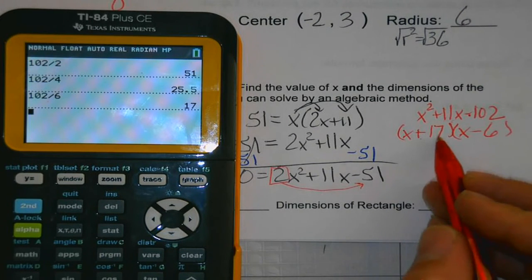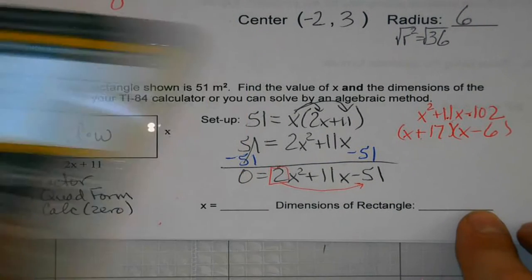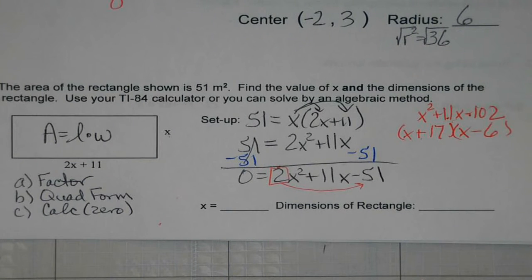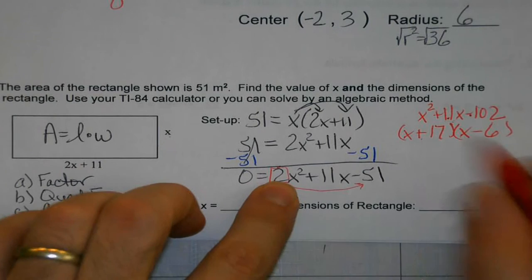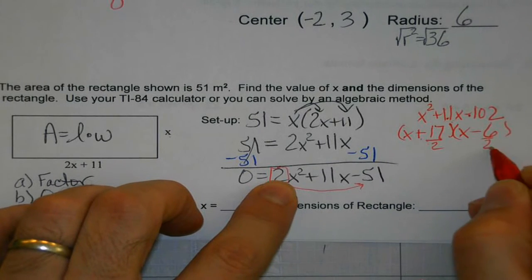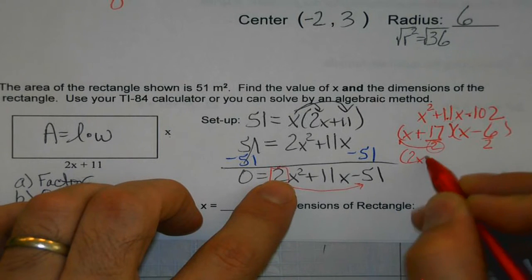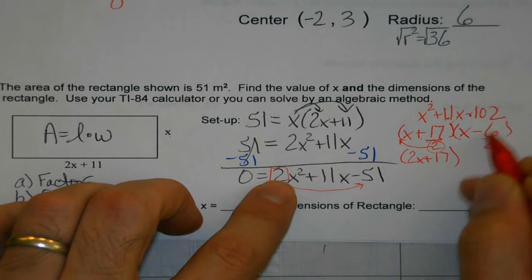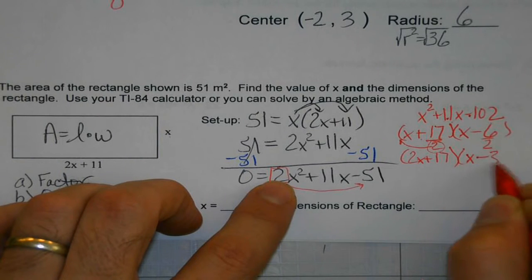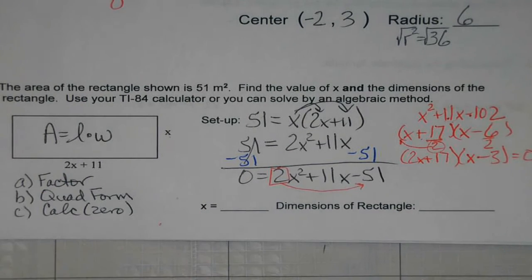I know the 17 goes to the plus because that's my bigger number there. But again, remember, this is slide and divide. Remember the other part. If it doesn't go in nice, back to the front. If it does go in nice, that's cool.